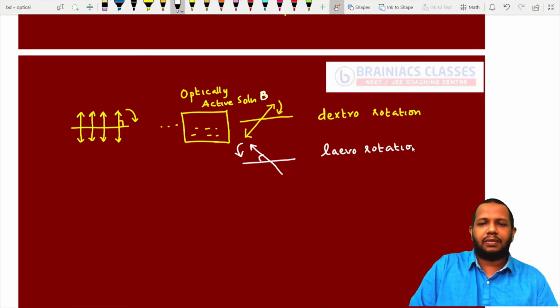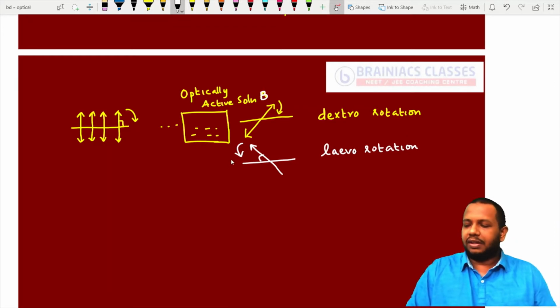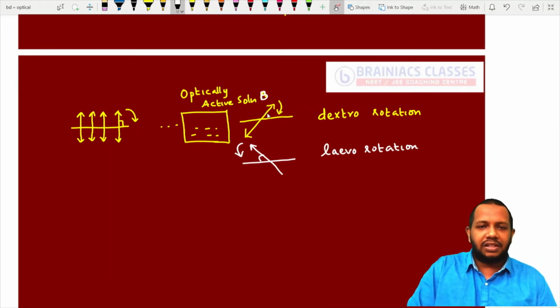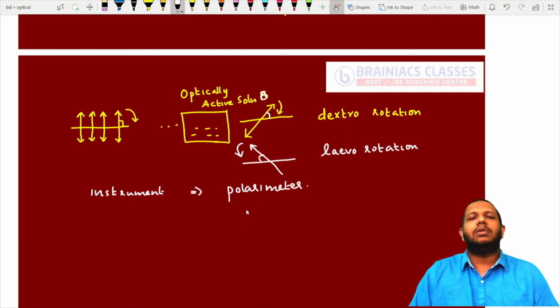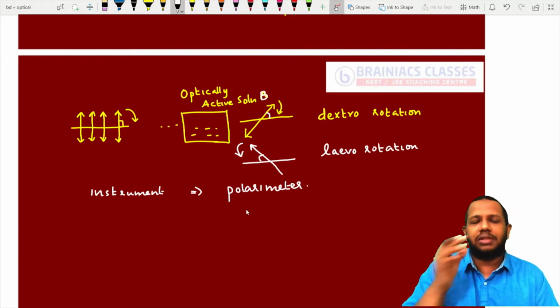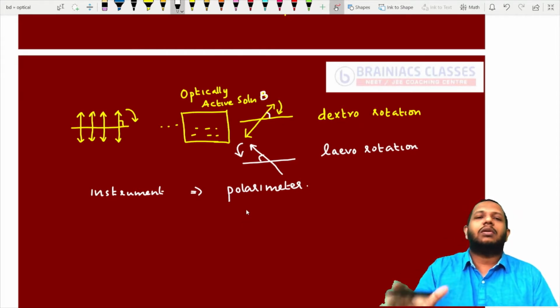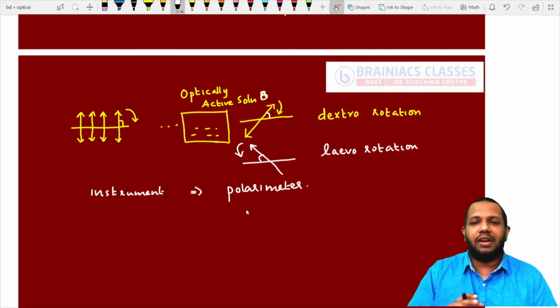How much it has rotated, either towards the right or the left, is measured using an instrument called a polarimeter. The polarimeter measures how much it has rotated towards the right or towards the left.